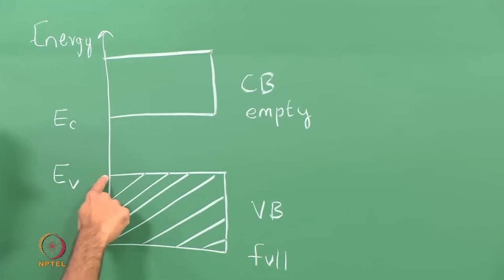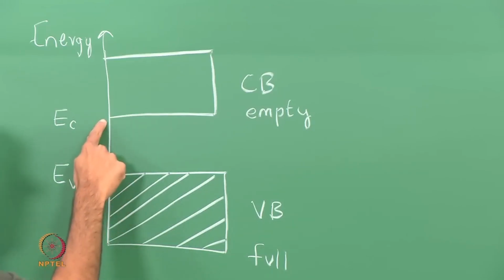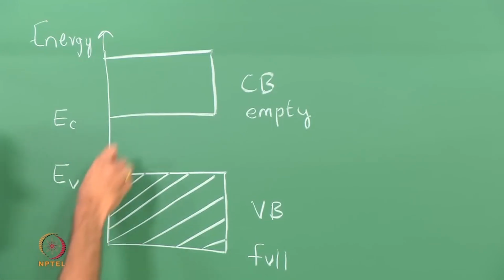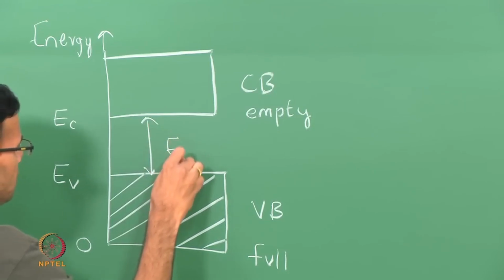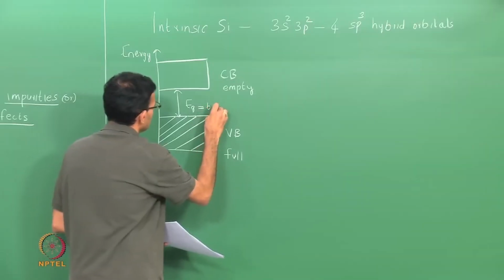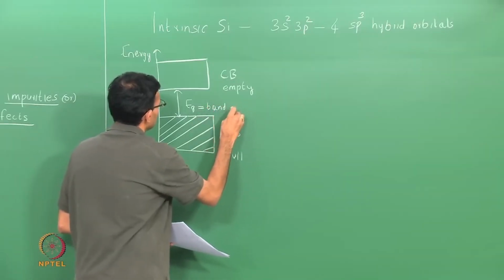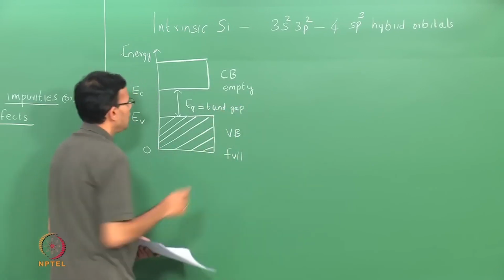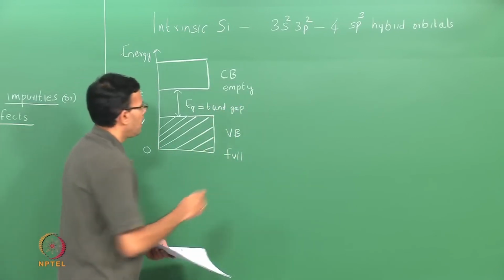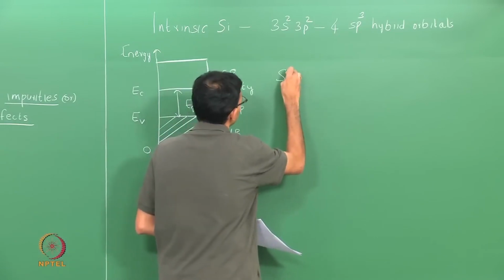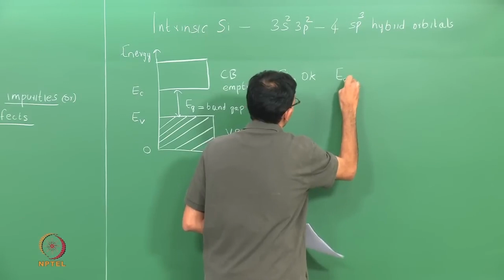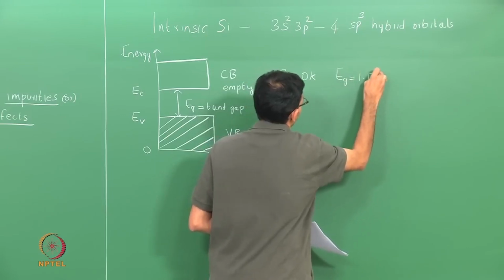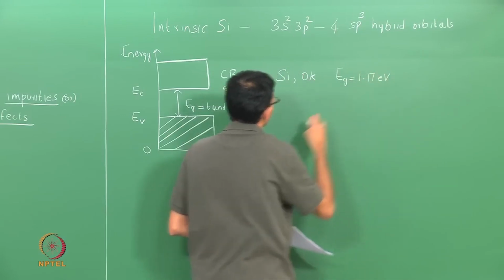The difference between the top of the valence band and the bottom of the conduction band is the band gap, we call Eg. In the case of silicon, at 0 Kelvin, Eg has a value of around 1.17 electron volts.